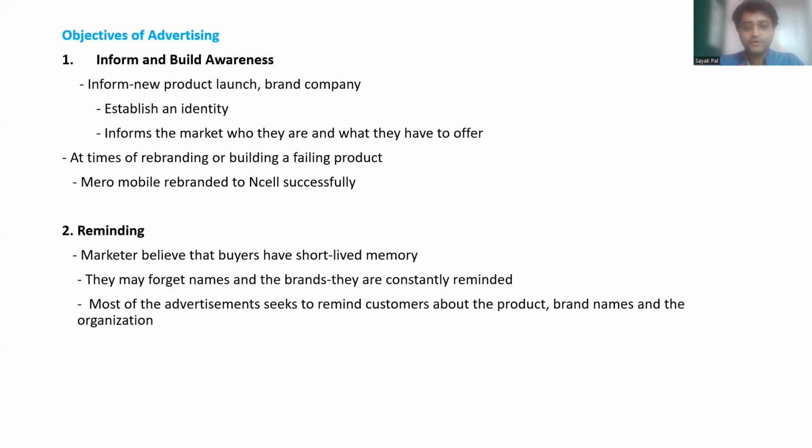If I do not know what I'm going to do with this product, how can you expect that I will buy it and spend money on it? So first you need to tell me how I'm going to use this product, how this particular product is going to be useful for me, how it is going to make my life easier. That is very, very important. So advertisement does that, right?